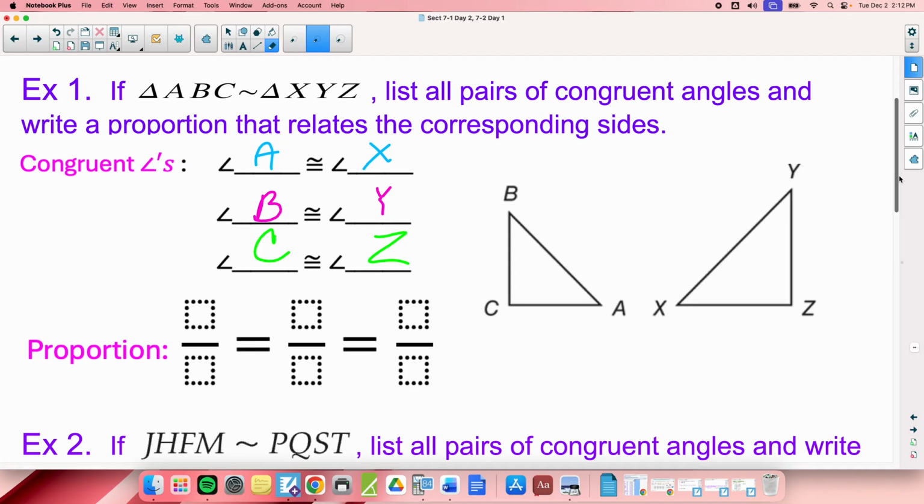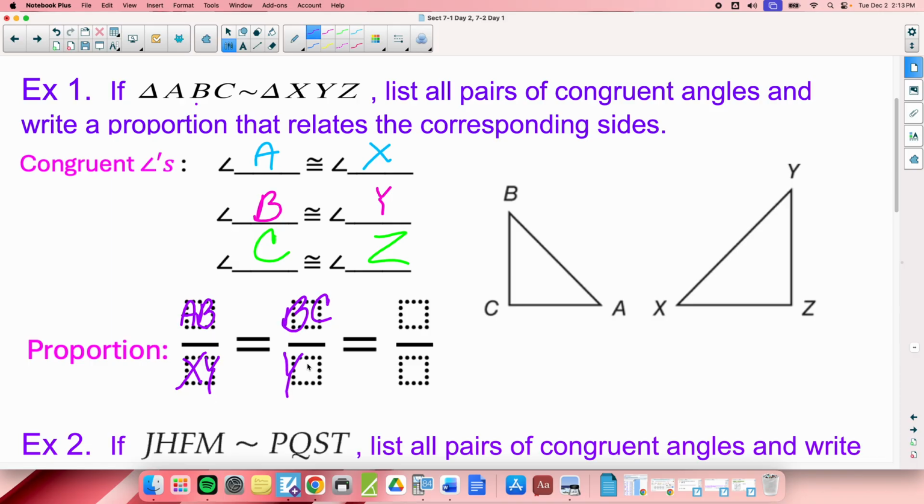So here's what we're gonna do. We're gonna take the first 2 letters, AB. What would AB go over? AB is the first 2, wouldn't that go over XY, right? Okay. Then we have BC, what would that go over?